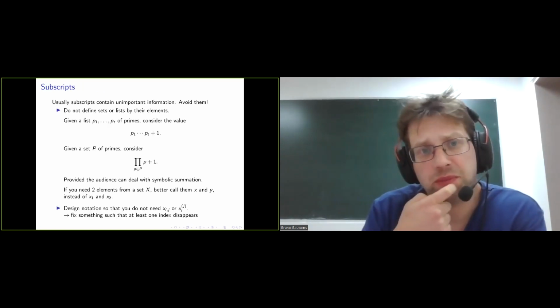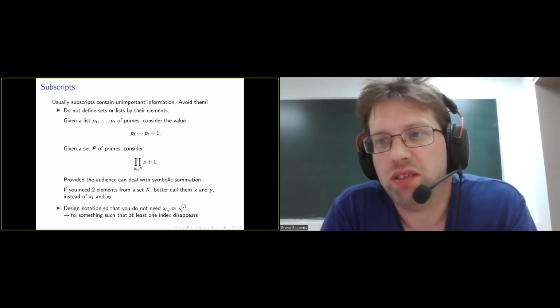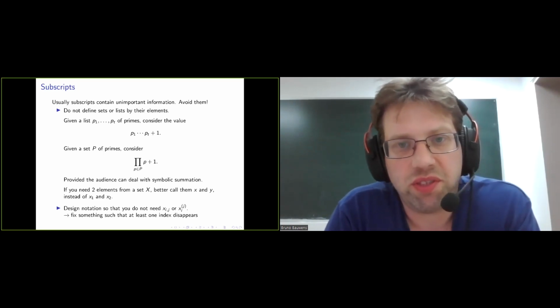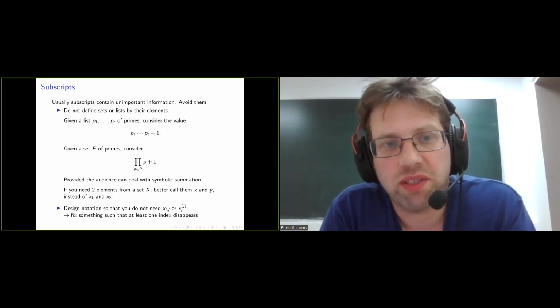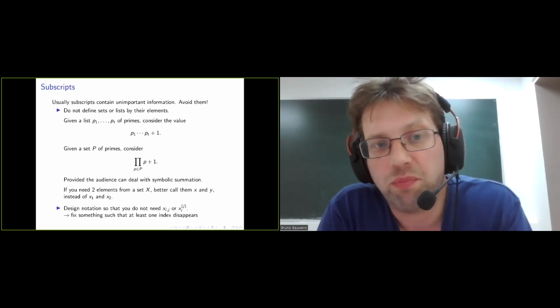And then subscripts. People use subscripts to point out unimportant technical information, so if you use subscripts, you should try to get rid of them. In our proof before, we used the list of primes.